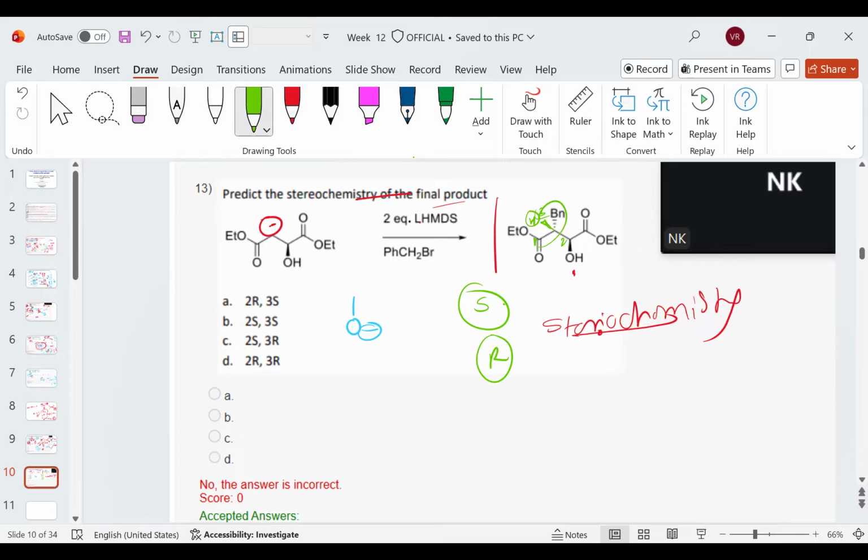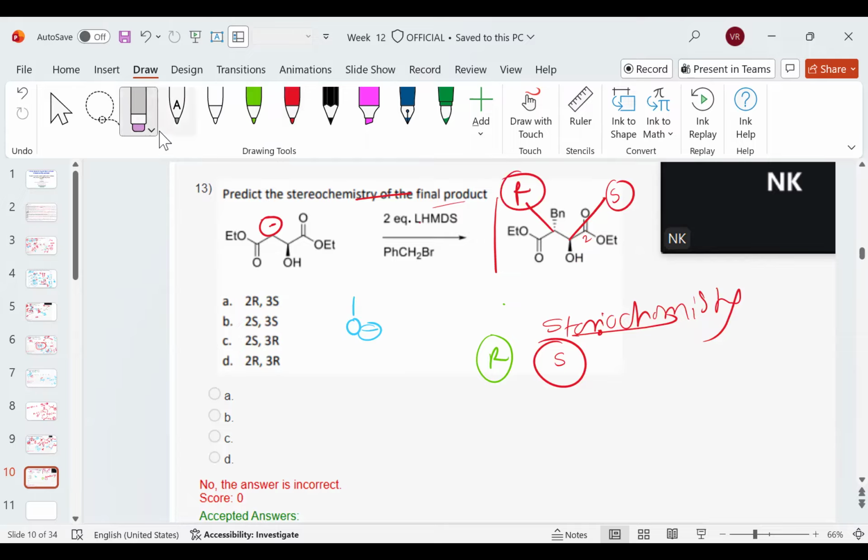So the S changes to R. First should be R, and the second should be 1, 2, and obviously this is 3. This is S. So if I label it, this one has S stereochemistry and this one has R stereochemistry.